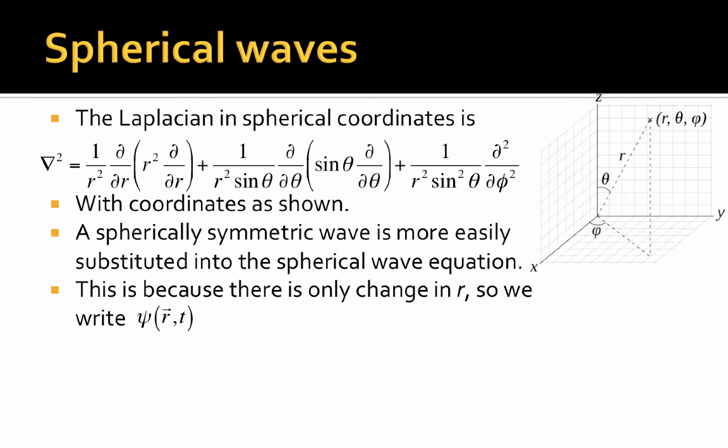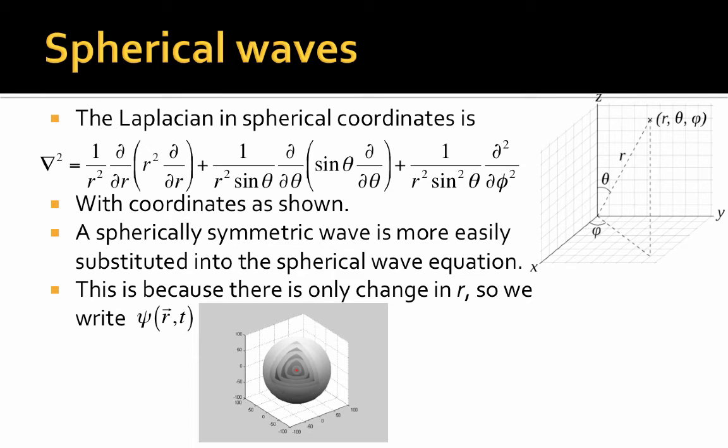So we're going to look at a couple pictures here. A spherically symmetric wave. What does that mean? It means something like this, where you imagine that red dot as the source of the wave, and the wave emanates outward in all directions. So the only thing that makes the value of the wave change is the distance from that point source, r.